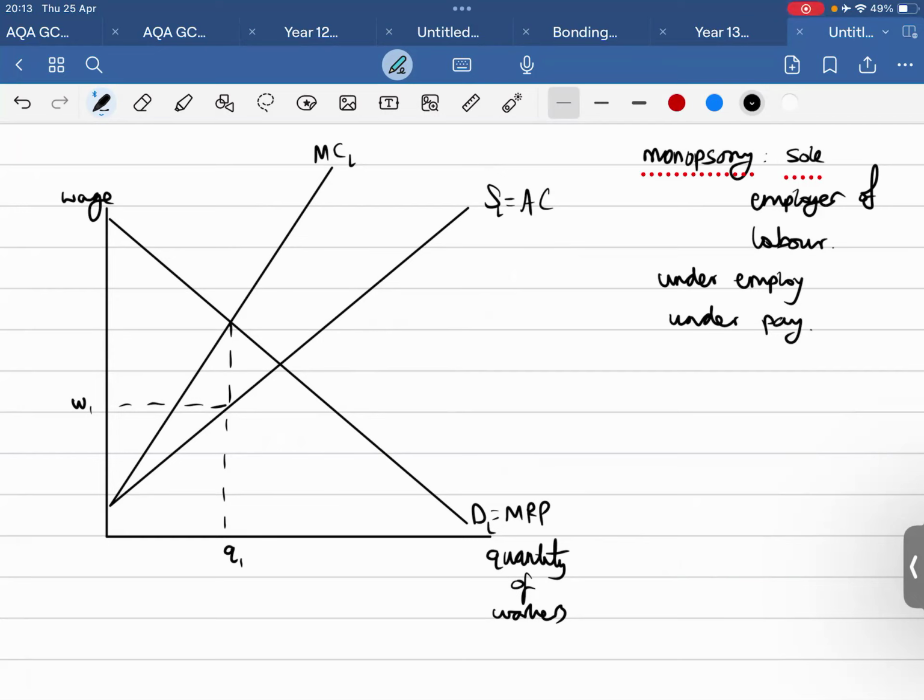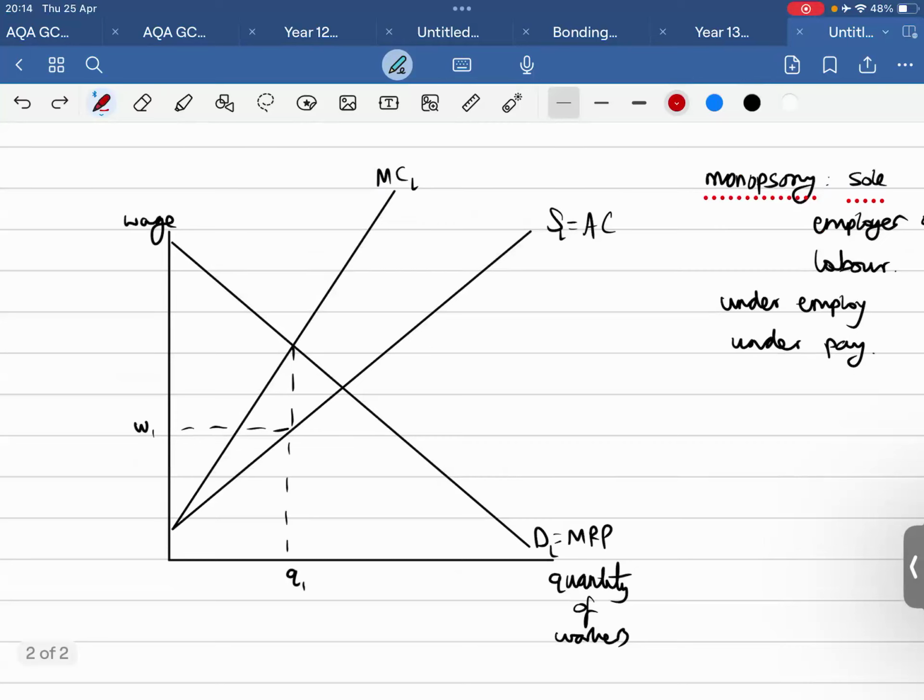This diagram is useful if we are trying to show the impact of a minimum wage because the impact is different to in a free market, because this quantity here is the equilibrium quantity. So I could put a minimum wage anywhere up to there and it would not cause unemployment, which was the main disadvantage in a free market.